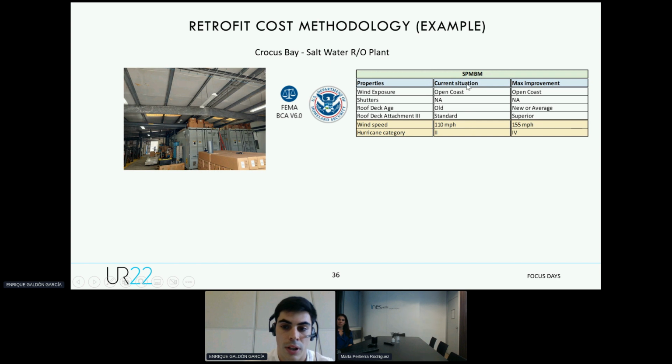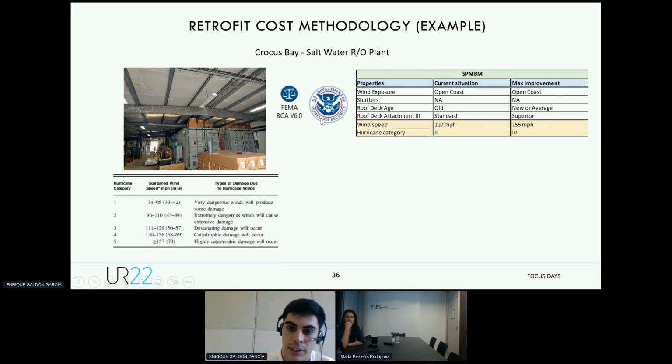When we talk about the current situation, we talk about how these buildings behave against wind at this moment, without the implementation of the retrofit measure. And the max improvement is what happens if we implement these retrofit measures.